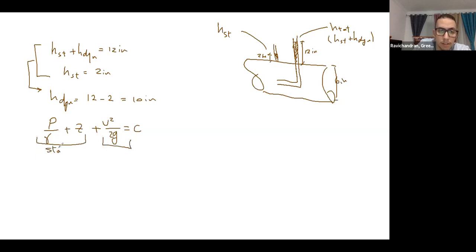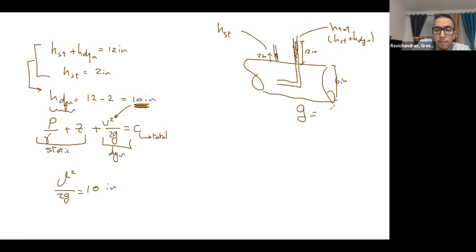This is static. This is dynamic. This is total. So I get dynamic, and you need velocity. So make it equivalent, 10 inch is equal to V square over 2g. So V square over 2g equals 10 inch.